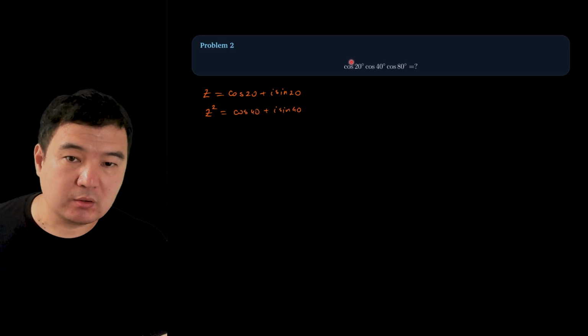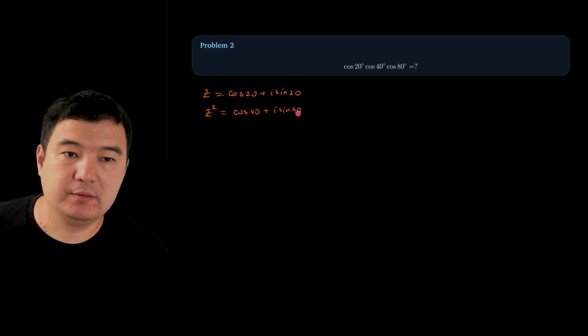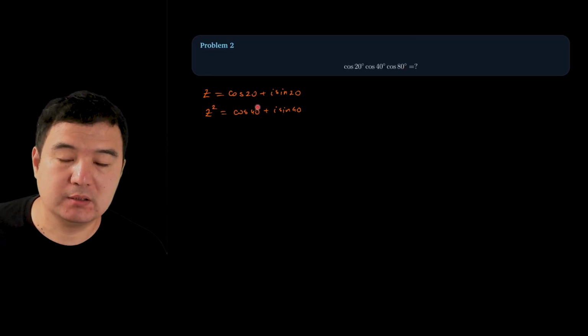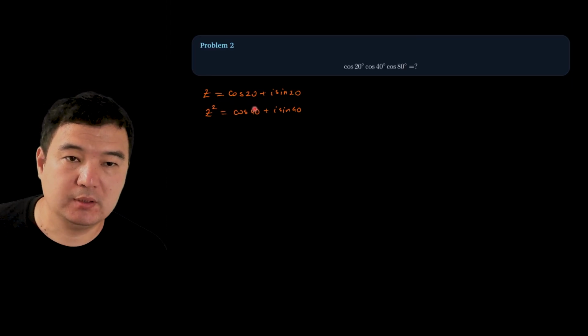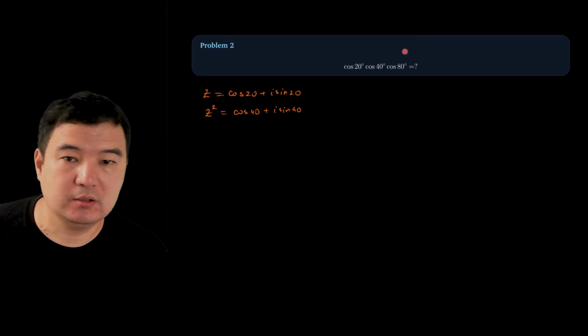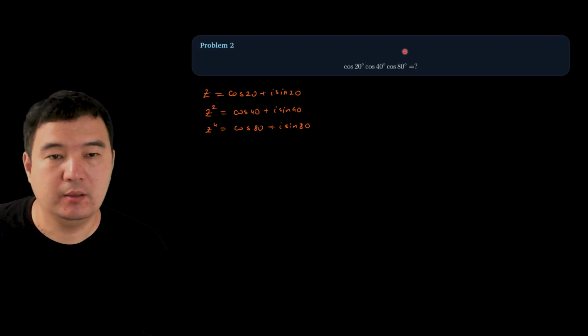The square of that number will be cosine 40 plus i sine 40, because we are taking the square, so you need to double the argument. We will use this because we have cosine 40 here, cosine 20 here, so that's related to our problem. And for cosine 80, take the fourth power, right?